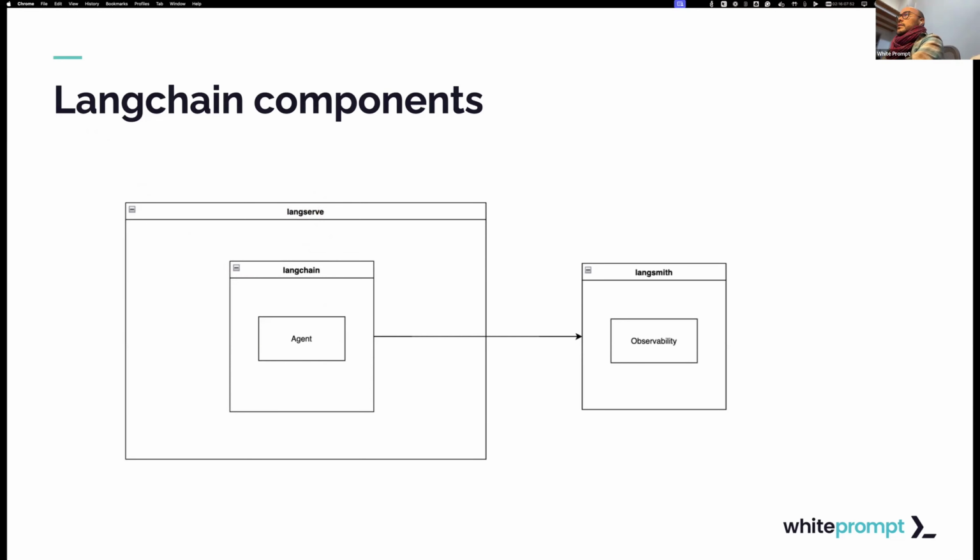You can run your agent in LangServe, and they also offer Langsmith, which is the observability layer, so you can understand and debug what your agents are doing. The agent here is an entity that will look for information in your vector database.